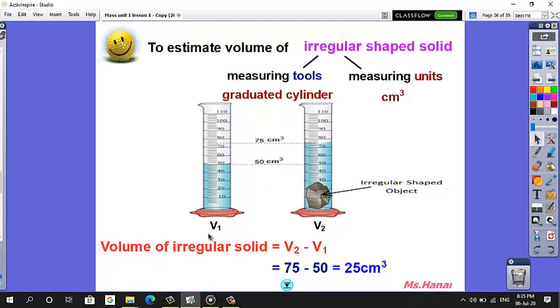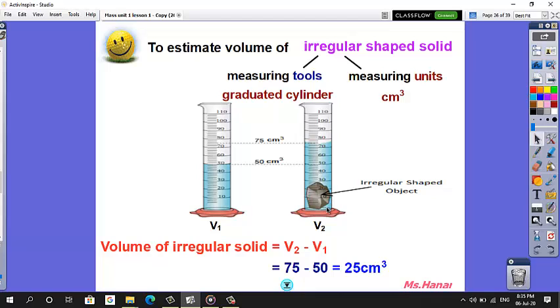In this example, V1 equals 50 cubic centimeter. Add the stone in the cylinder and record the reading of the new volume and name it V2. It equals 75 cubic centimeter. Why does the level of water rise?